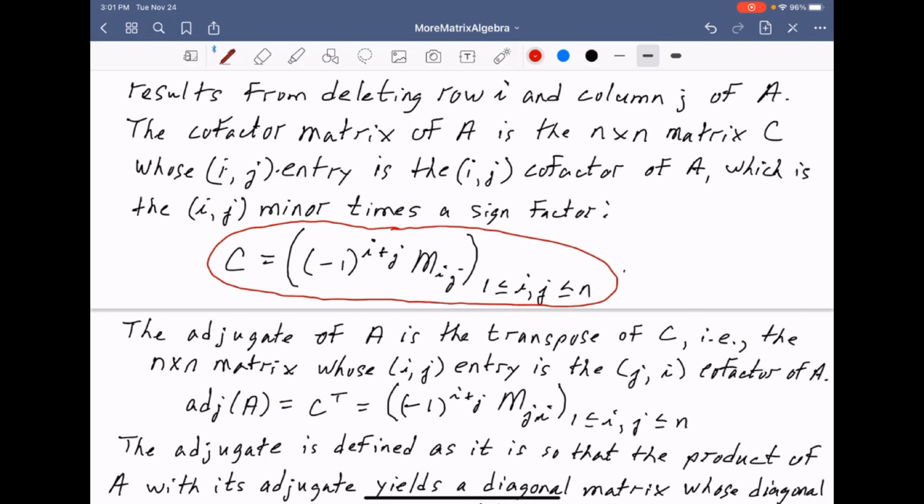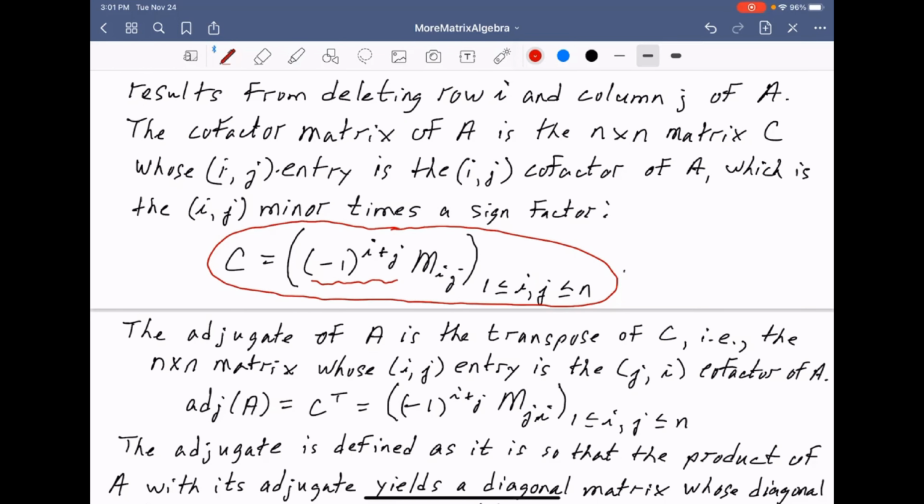The key here is this part. We eliminate one of the rows and one of the columns, denoted by i and j, and then we find the cofactor of that.